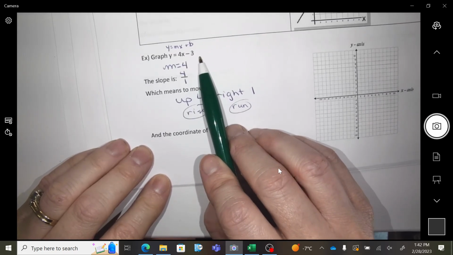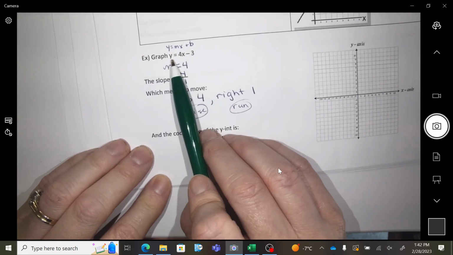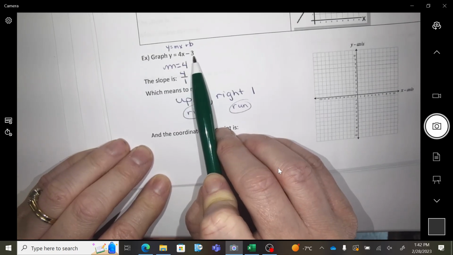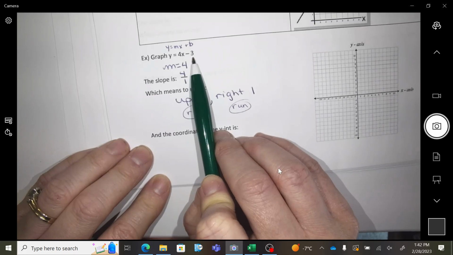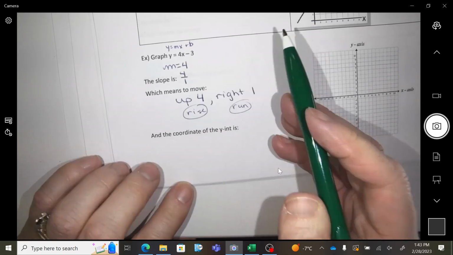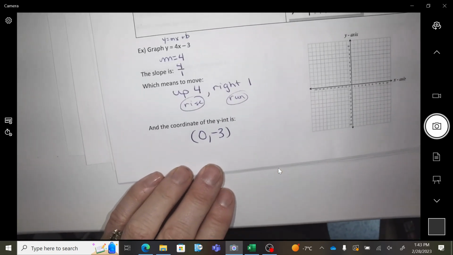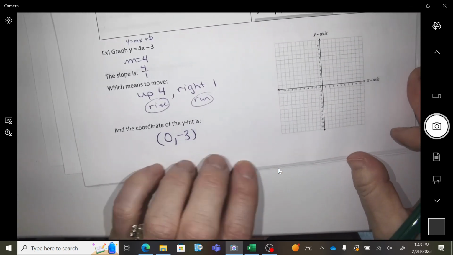The b part is our y-intercept. So if x is 0, y is -3. So the coordinate of the y-intercept would be 0, -3.